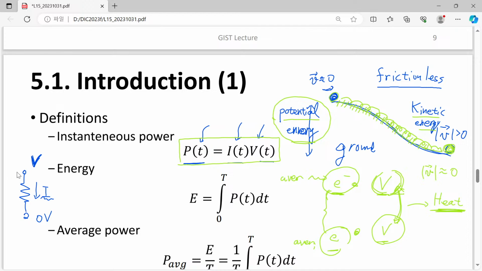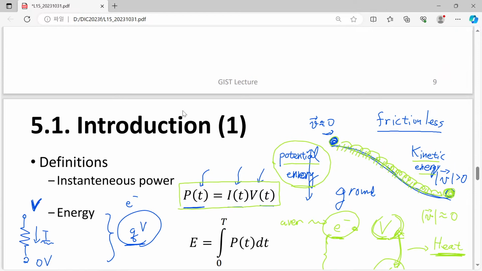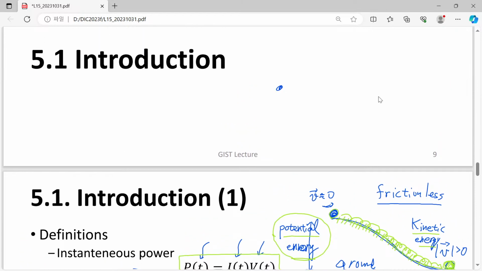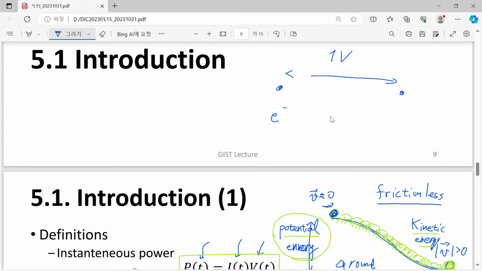And when more electrons are moving, each of them loses the energy corresponding to Q times V. For one electron, the loss is Q times V. For example, if between one point and another point we have a 1 volt difference, and we move our electron from here to there, what is the energy difference between these 2 points?